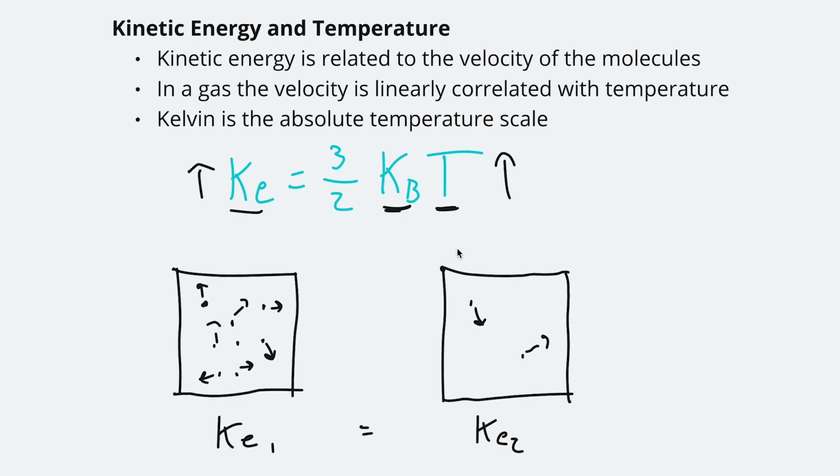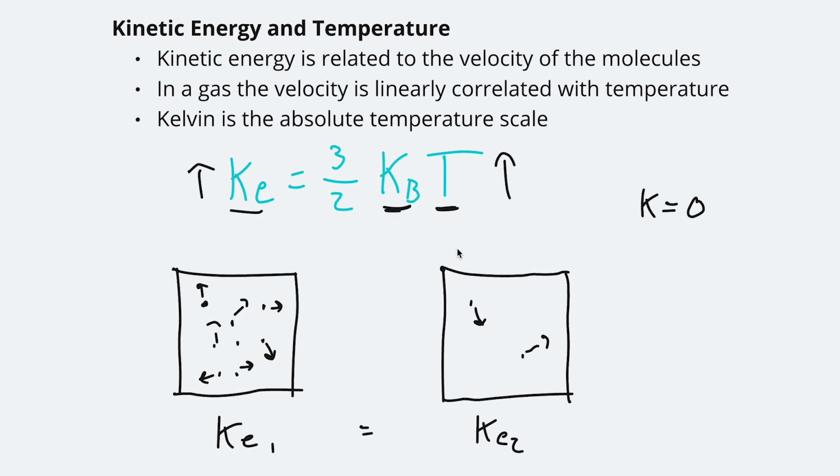And when we talk about temperature, we always are assuming we are using Kelvin. And Kelvin is a really nice scale because whenever the temperature in Kelvin equals 0, that means that the kinetic energy of the gas molecules is 0. And you can never get below a temperature of 0 Kelvin because your kinetic energy can never be less than 0.